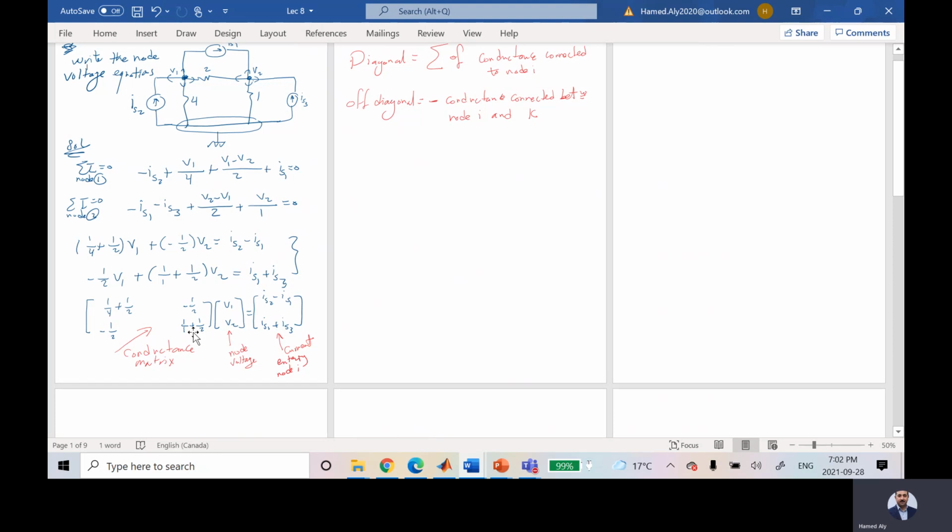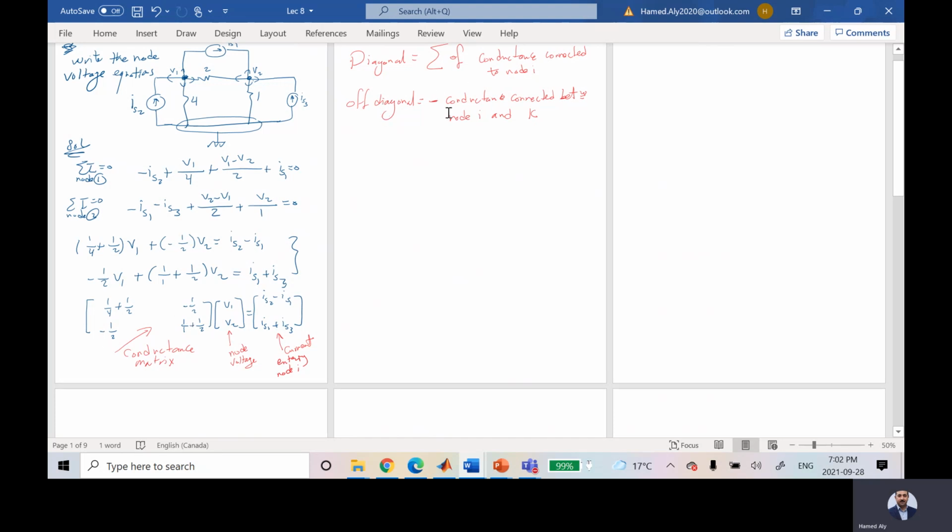So generally speaking, for any element in this matrix, if it is a diagonal element AII, I'll say AII is equal to the summation of the conductances connected to node I. What about A12 or A21?